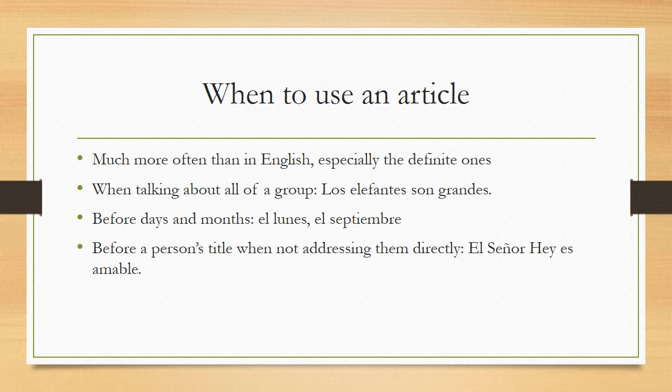And the last one that I want to point out right now is before a person's title when not addressing them directly. So el señor G es amable. Mr. G is nice. Well, I hope that's true. And so we actually are saying the Mr. G is nice.